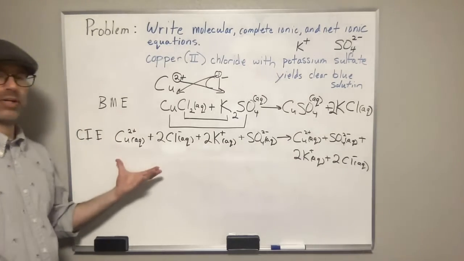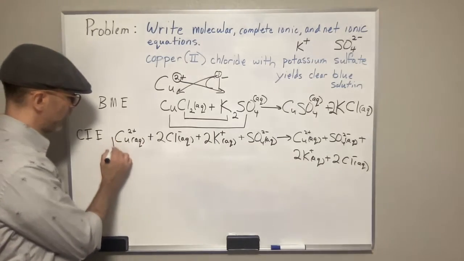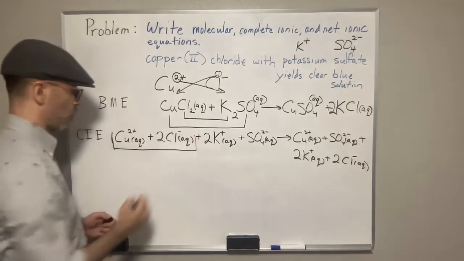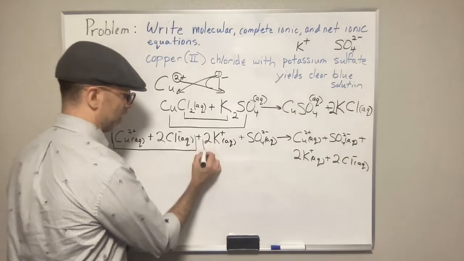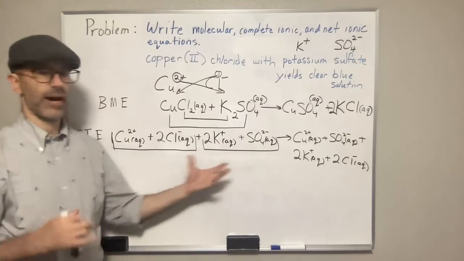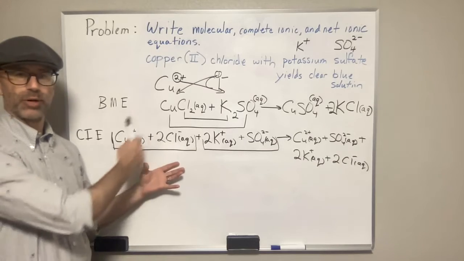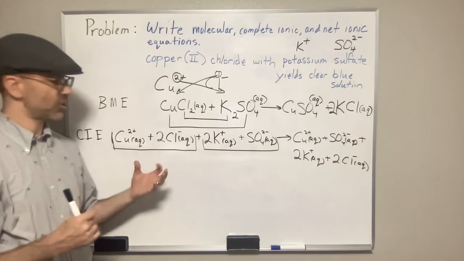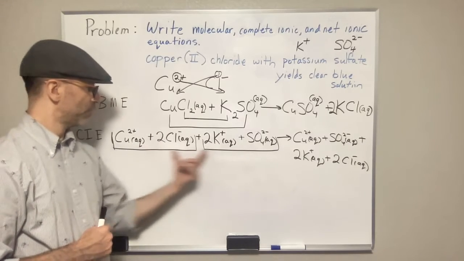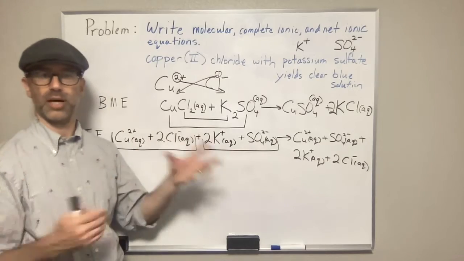And so now you can kind of see what's going on here. So let's pretend this is our one beaker, and this here is our second beaker. In this beaker, I have ions that are aqueous. They're floating around, separated from each other. Here I have another beaker separated from this, and these ions are separated, and they're floating around doing nothing.